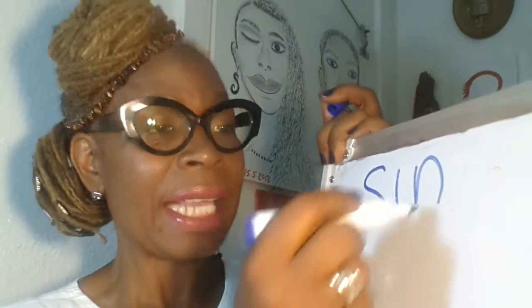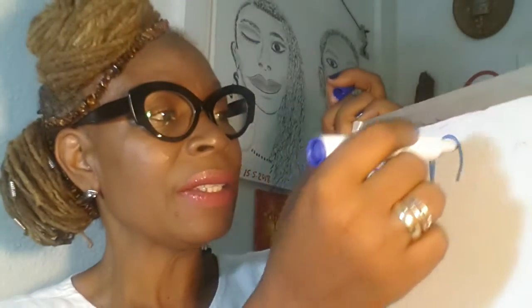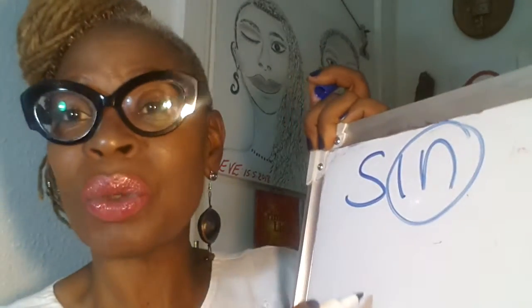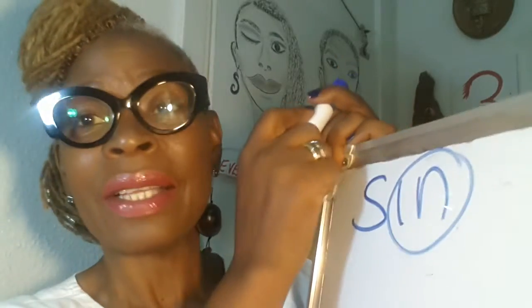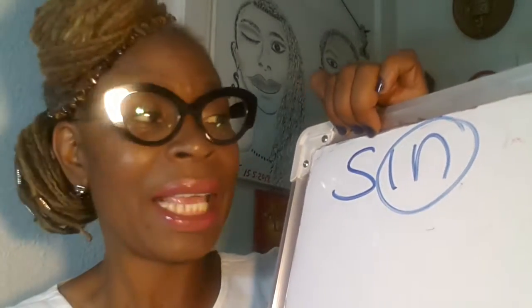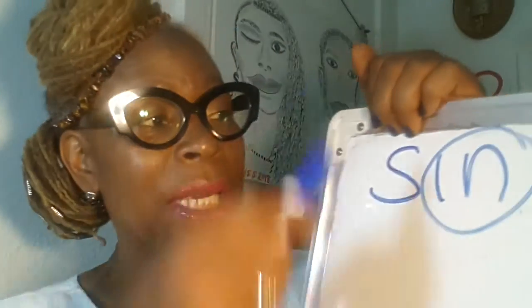So in, for instance, this word is the very first word used in the scriptures. Now, considering it is part of the word sin, it does make one wonder why, of all the words, this would be the very word chosen to begin the scriptures, to say in the beginning.